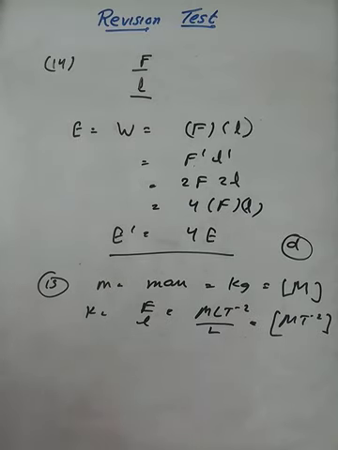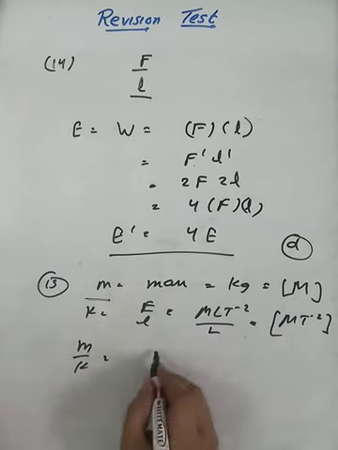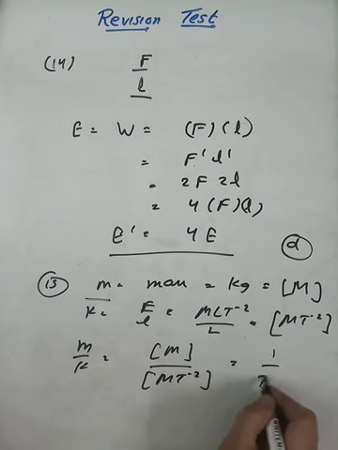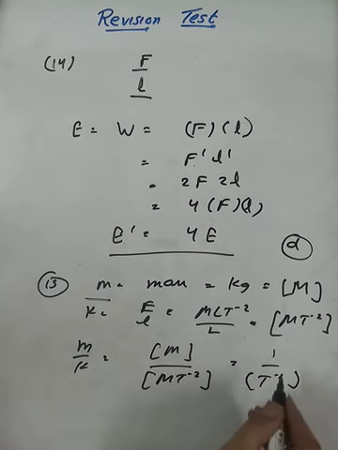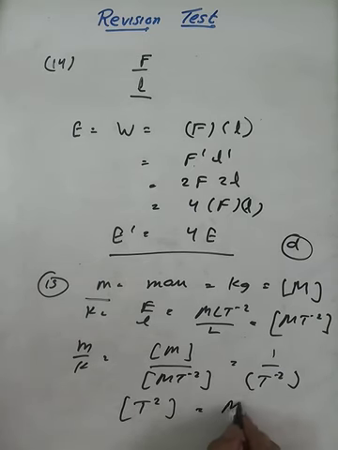Then what is the dimension formula of m by k? If we divide these two terms, what do we get? M upon MT^-2. M and M cancel out, we get T^-2. When this T^-2 is taken to the numerator, it becomes T^2. That is M^0 L^0 T^2.